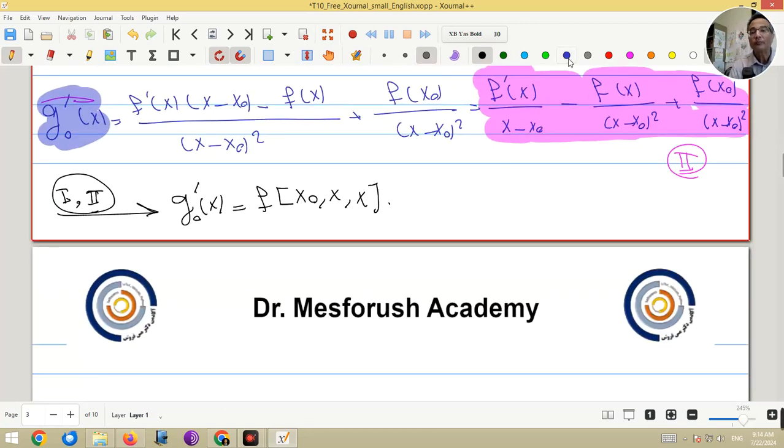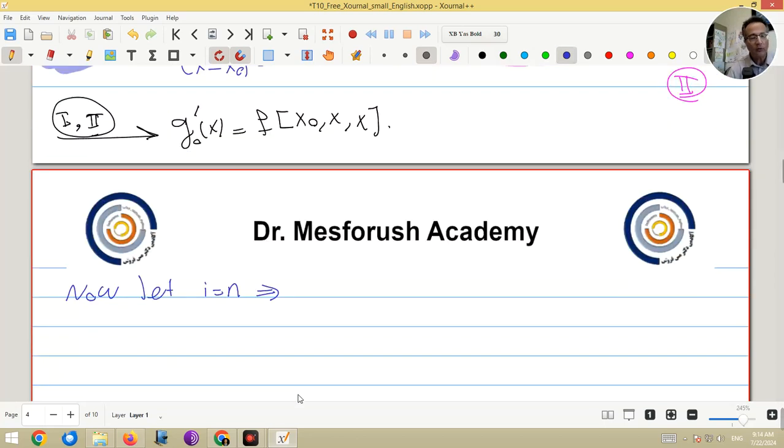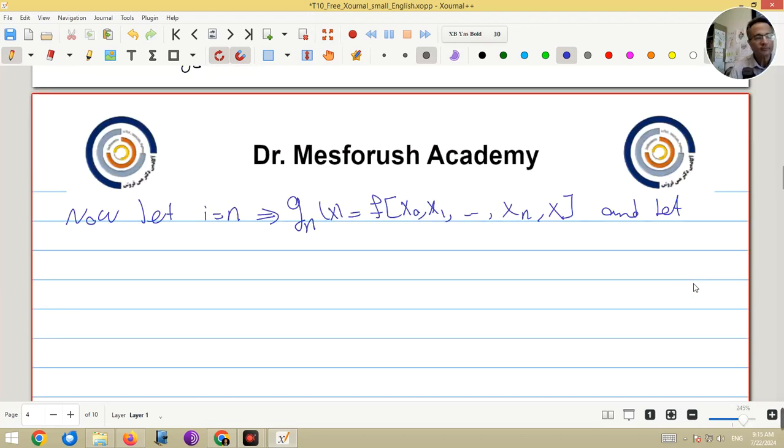Now, let i equal n. So g_n of x is equal to f of x0, x1 to xn and x. And let g prime n of x be equal to f of x0, x1 to xn, x and x.